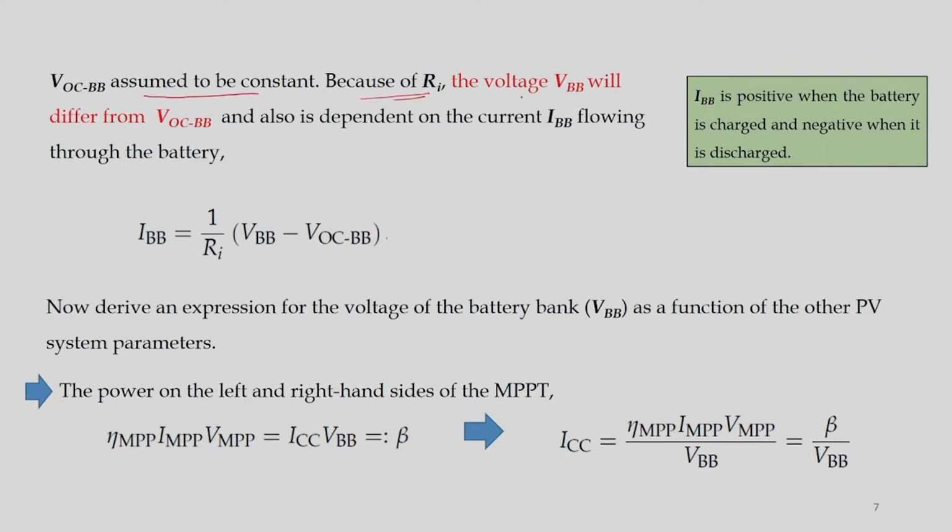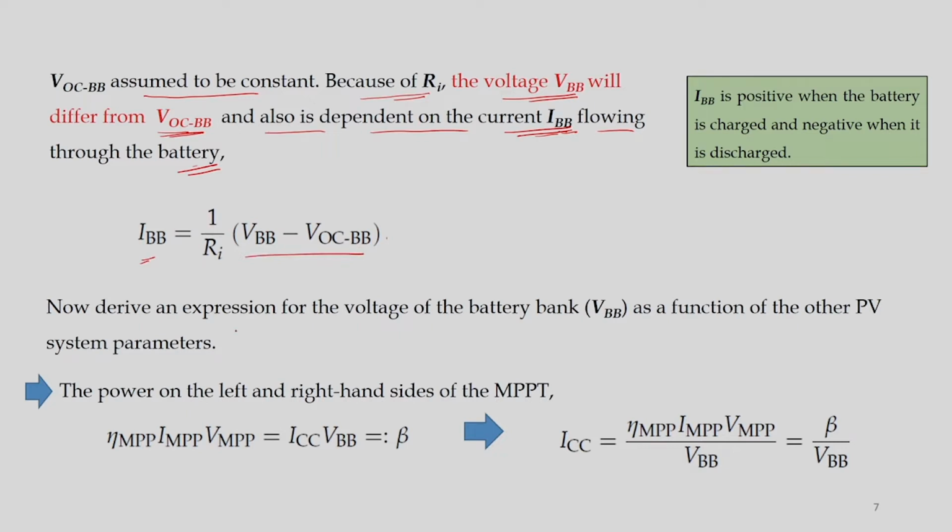Because of this R_I, the battery bank voltage V_BB will differ from the open circuit battery bank voltage, and is also dependent on the battery bank current I_BB flowing through the batteries. So, I_BB can be related to V_BB, V_OC and R_I, because V is equal to IR. So V_BB minus V_OC is equal to I_BB times R_I. So, I_BB can be calculated as 1 by R_I times the difference V_BB minus V_OC, right.